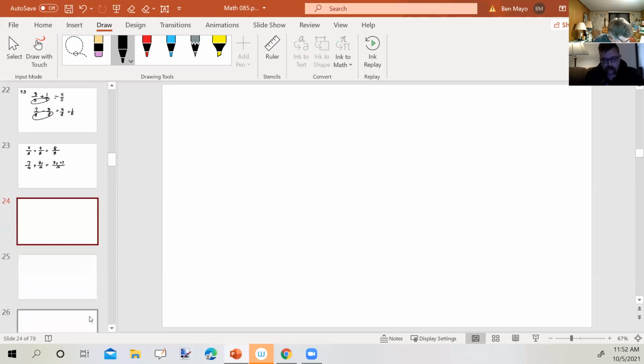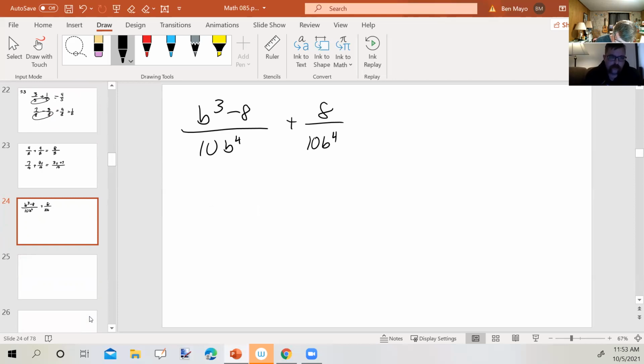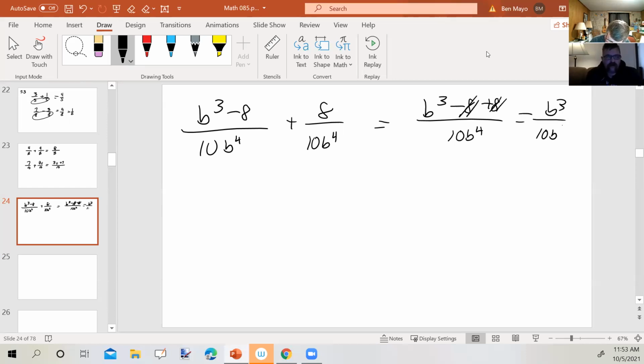Okay, how about this one? b cubed minus 8 over 10b to the 4th power plus 8 over 10b to the 4th power. That is b cubed minus 8 plus 8 over 10b to the 4th power. Adding the numerators, combining like terms, we get b cubed over 10b to the 4th power.